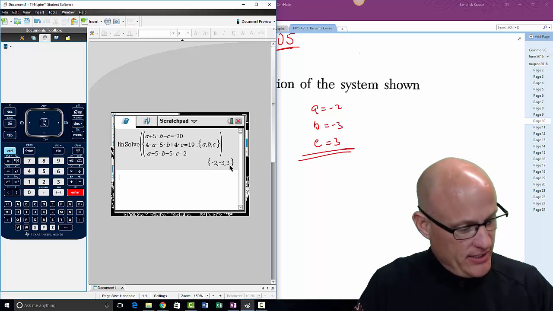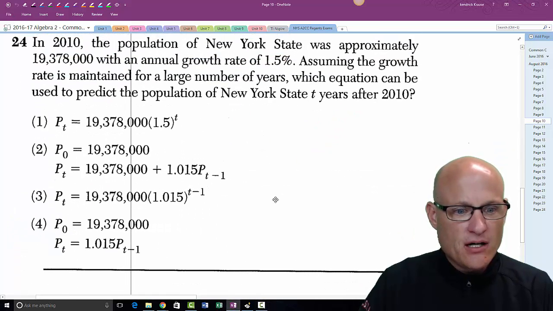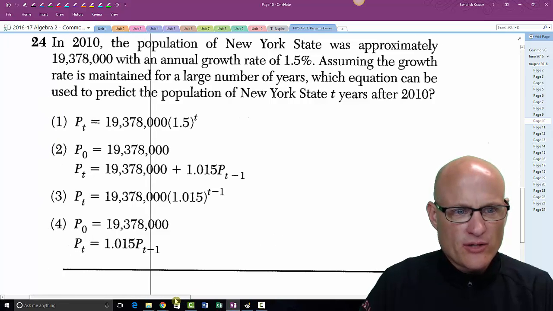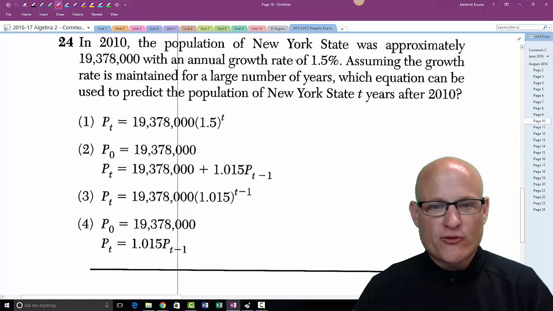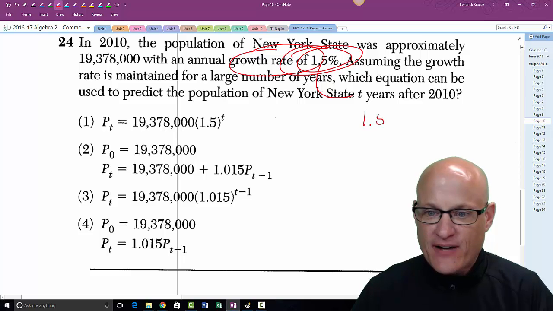Okay, that is those two questions, and I got one left. Oh, I did not like this question. It's another one of those questions I didn't like, but it's pretty easy. We're assuming a 1.5% growth rate. Now don't forget, 1.5% is really equal to 0.015.